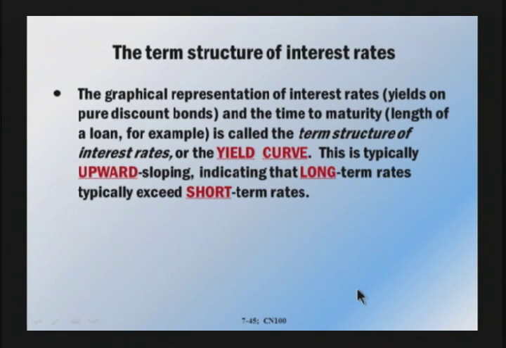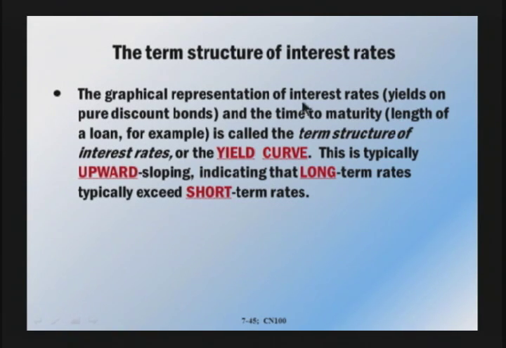Now finally, let's address the one aspect there, that maturity risk premium. The general idea there being that the longer the maturity, a lot of times there's more risk involved. But there are other ways to explain why we typically see a relationship between interest rates and maturity in financial markets.